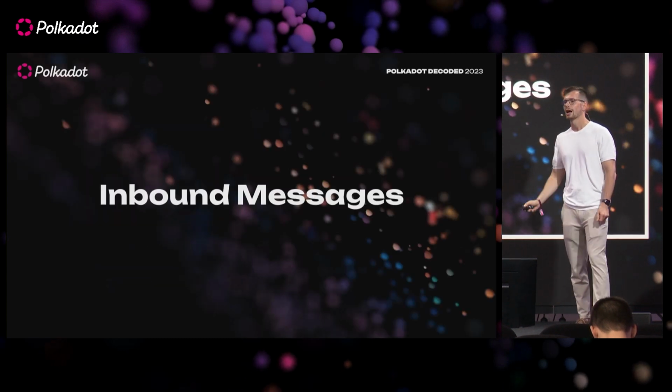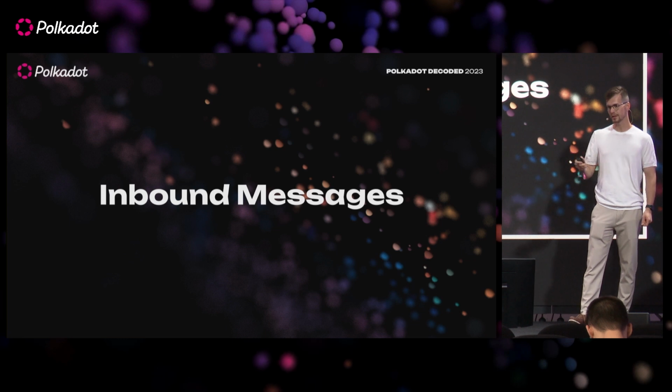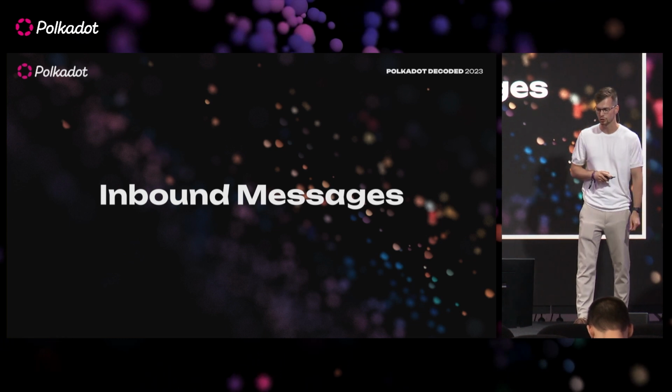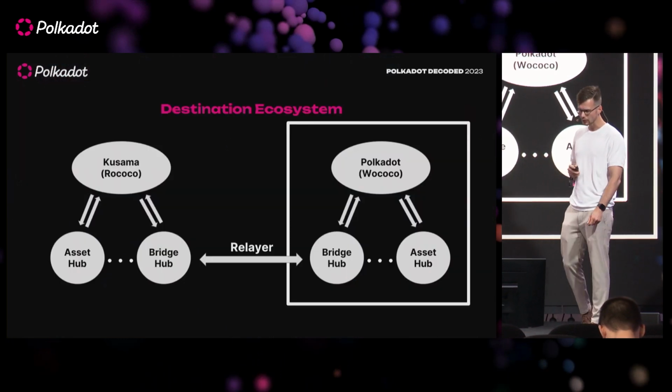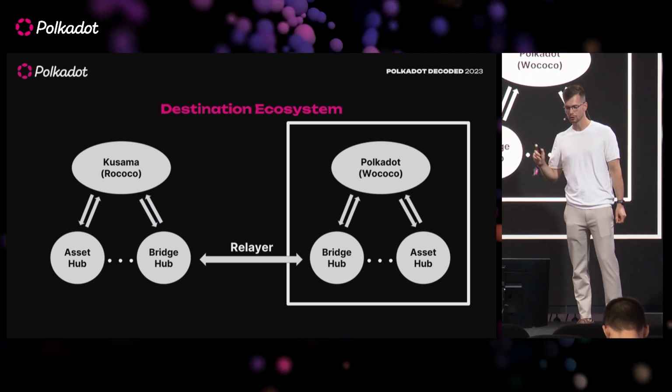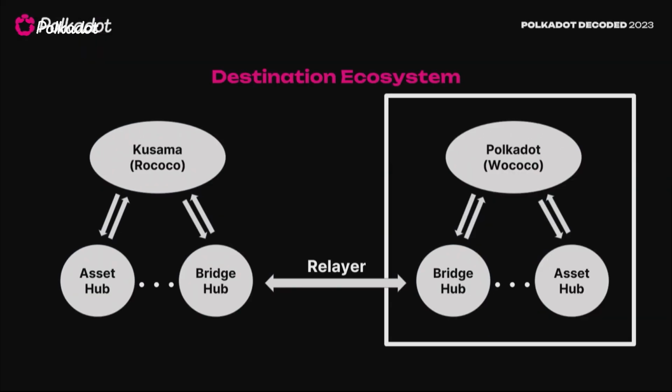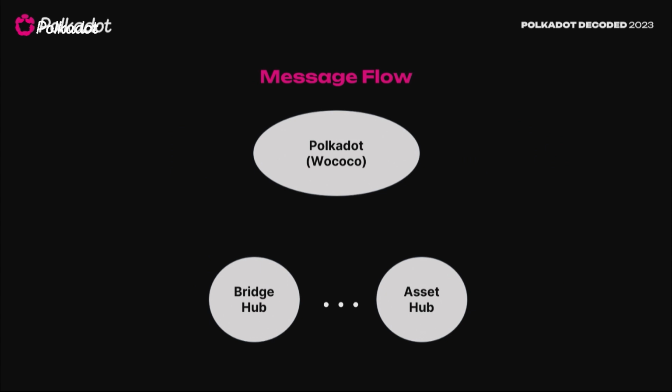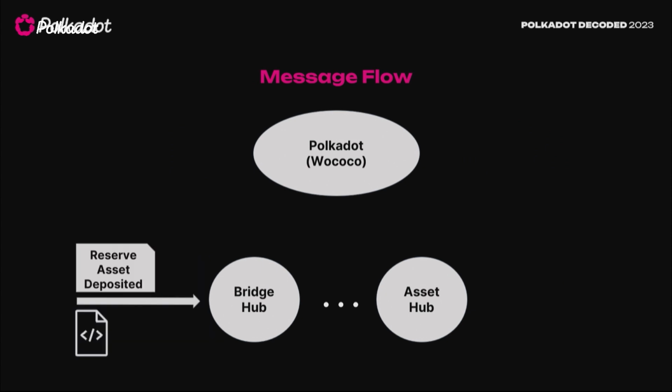Now let's talk about how the messages get processed on the destination part, on the destination consensus system. So we will talk about the Polkadot part, which is our destination. So what's going on? At first, we have some instruction relayed by the relayer directly to the BridgeHub.